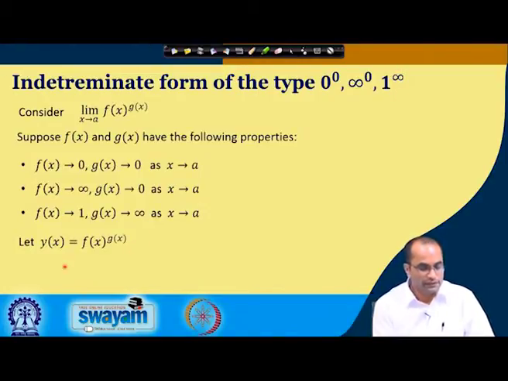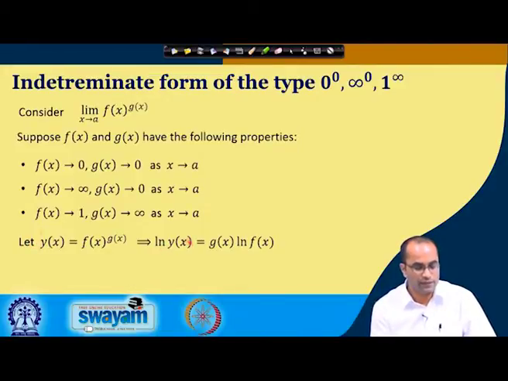In all these cases we consider a new function y as f(x) power g(x). In either case, when we take the logarithm, ln y(x) will become g(x) ln f(x). Now consider, for example, the first case when f(x) goes to 0. So, ln f(x) will go to minus infinity and g(x) goes to 0, so 0 into infinity form.